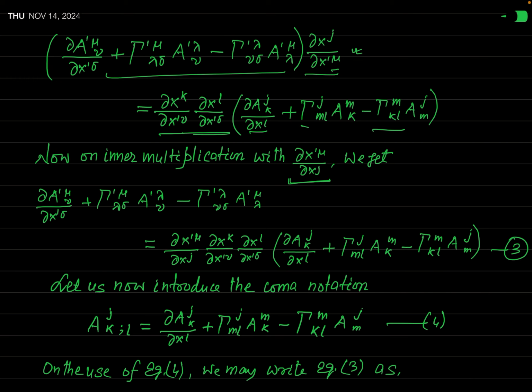So in the LHS your expression is like this, because the product of ∂xj/∂x'μ and ∂x'μ/∂xj will be equal to 1, okay. And in the RHS, you have to take multiplication by this ∂x'μ/∂xj, and the remaining terms are as you can see.